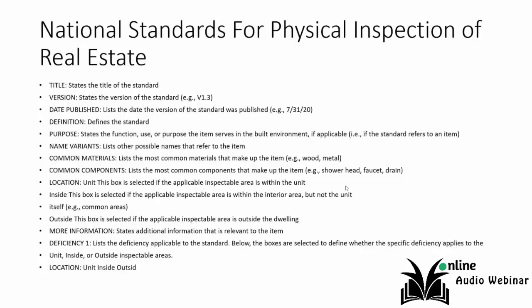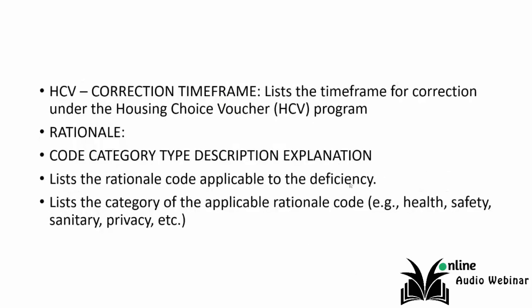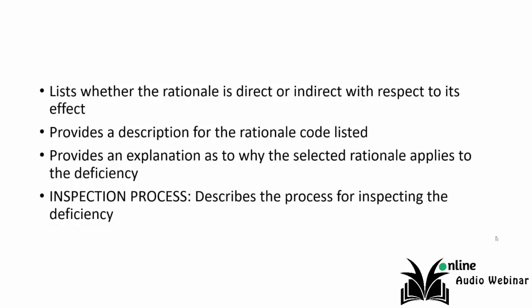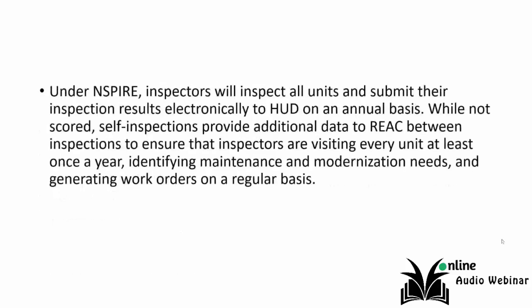Now, there's the National Standards for the Physical Inspection of Real Estate. As some of the definitions: deficiency, HCV, the correction time, which lists the time frame for correction under the Housing Choice Voucher Program, lists all that information and provides a description of how to observe the deficiency. Under NSPIRE, inspectors will inspect all units and submit their inspection results electronically to HUD on an annual basis.